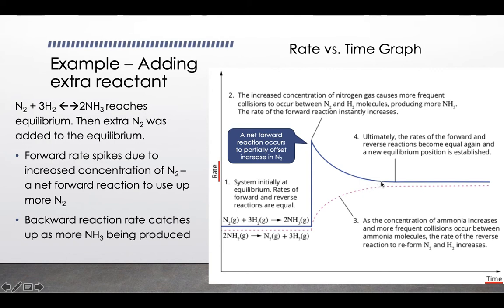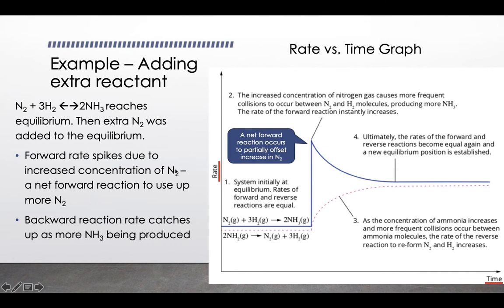And then there will be a moment when the system reaches a new equilibrium, that is, the forward reaction rate equals the backward reaction rate again. However, from this graph, you'll be able to identify that the new equilibrium is different from the old one because both the forward and backward reaction rates are higher than before.